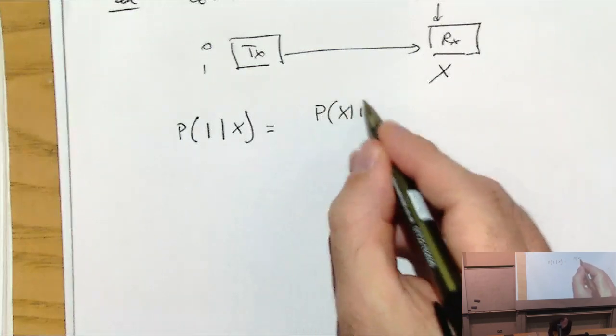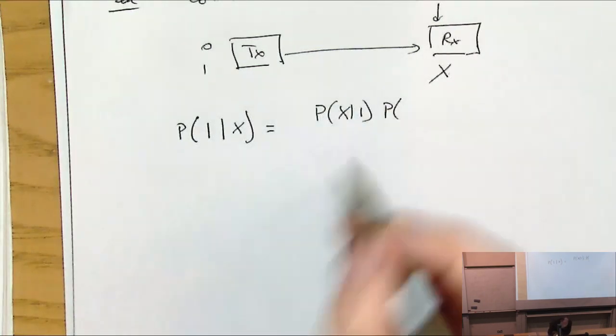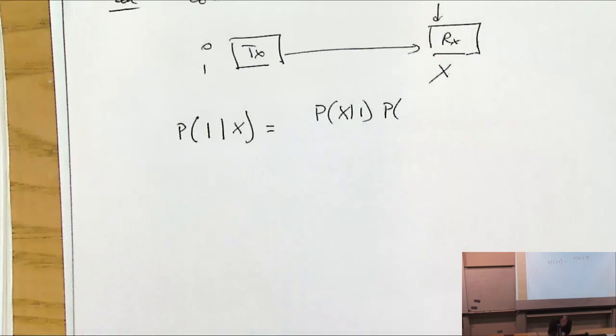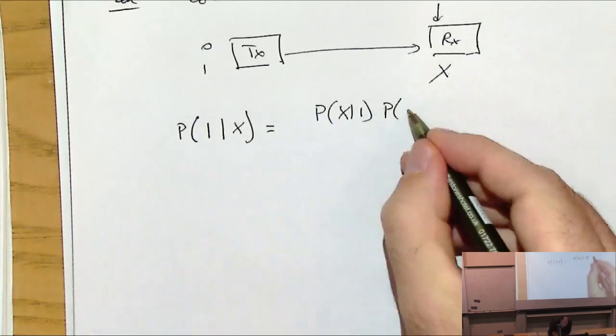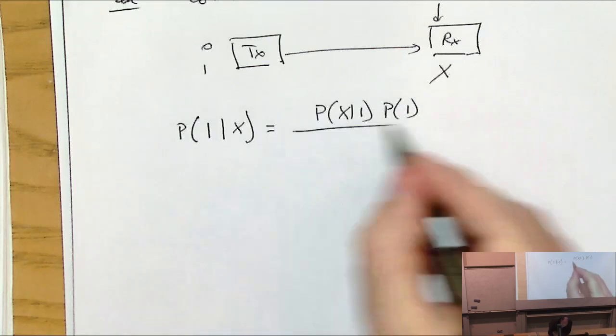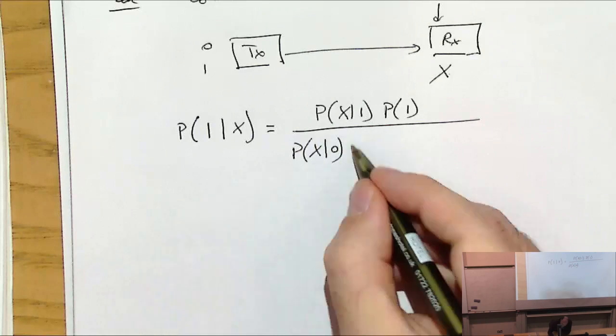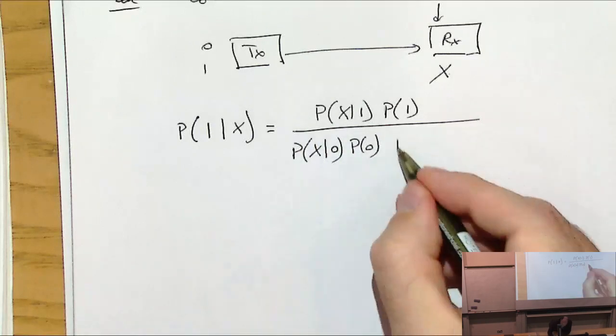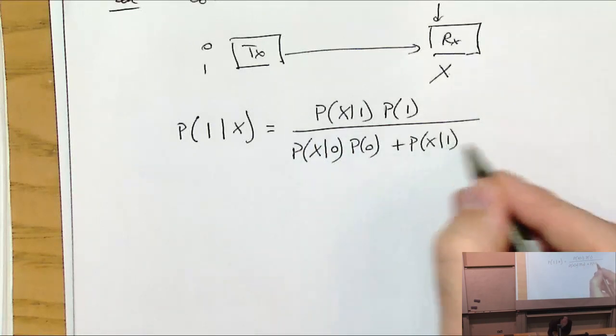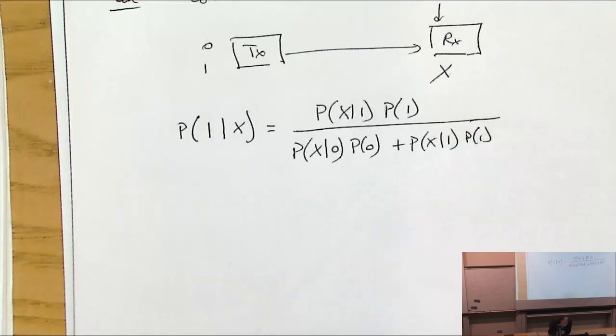Right? So how do you do this? Well, you use Bayes' theorem. That's the probability that x occurs given 1 has been transmitted multiplied by probability of 1, then divided by probability of having x given 0 is transmitted multiplied by probability of having 0 plus probability of having x given 1 multiplied by probability of having 1. Right?